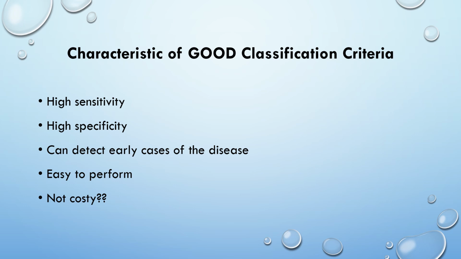And the cost here is a question mark, because we should compare the cost of applying the criteria, for example, if we need MRI, CT, or some laboratory tests which may be expensive, such as ANA, anti-double strand, ANA profile, and so on, with the cost of leaving the patient underdiagnosed or undiagnosed until being advanced in the disease.